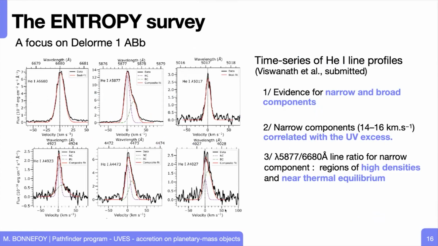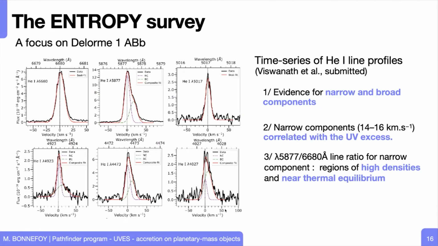Another set of lines that we studied are the helium lines. Usually people study the helium triplet at 1.08 micron because it is relatively bright above the continuum. In our case, the setup we chose with UVES, we had to make a trade-off, and we had to cut before the triplet. But fortunately, in the optical, you can see a series of helium lines.